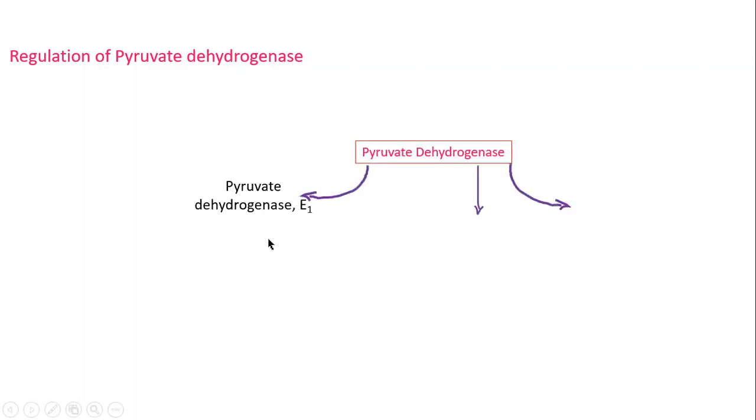So here we are going to discuss how to regulate this pyruvate dehydrogenase complex. We know that pyruvate dehydrogenase has 3 subunits, that is E1, E2, E3.